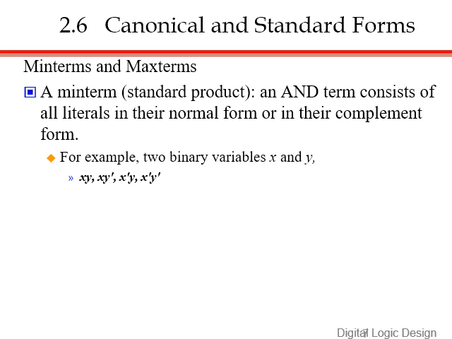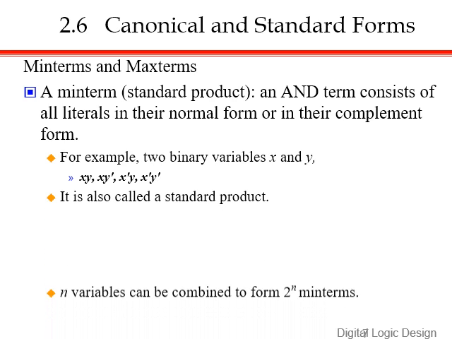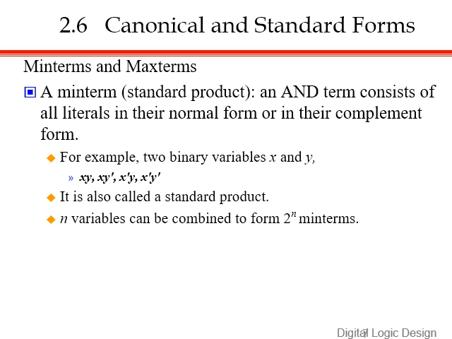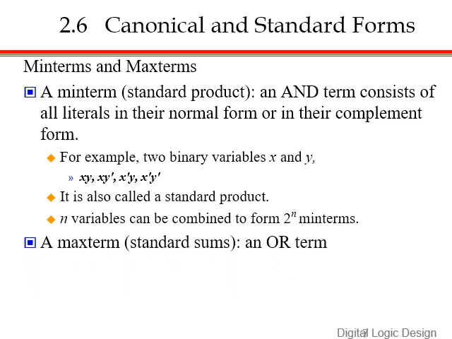Each combination is a minterm for the function. It is also called a standard product. So n variables can be combined to form 2 to the power n minterms, and a function can be represented as a sum of minterms or a product of maxterms. A maxterm has the OR terms. It is also called a standard sum.